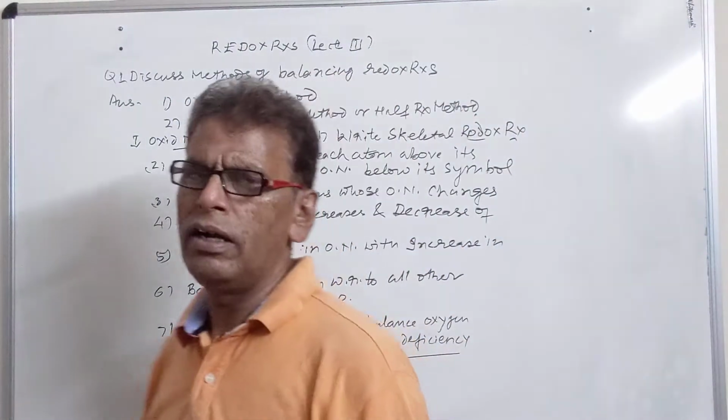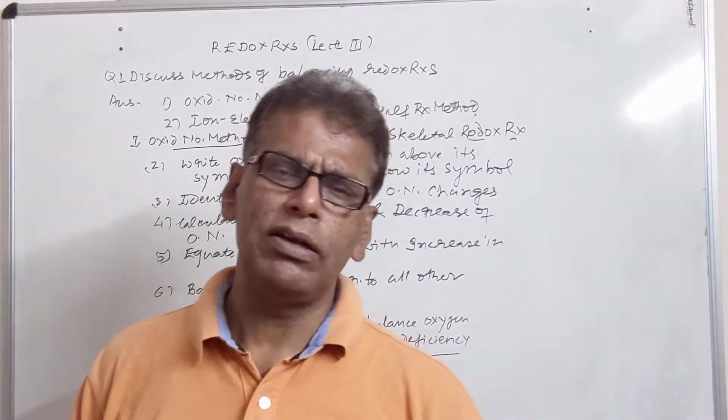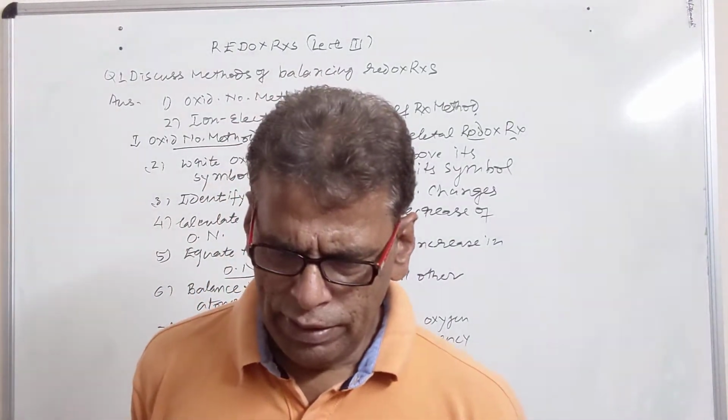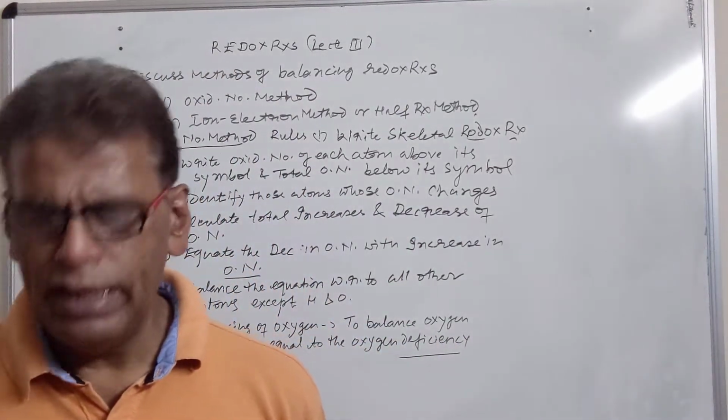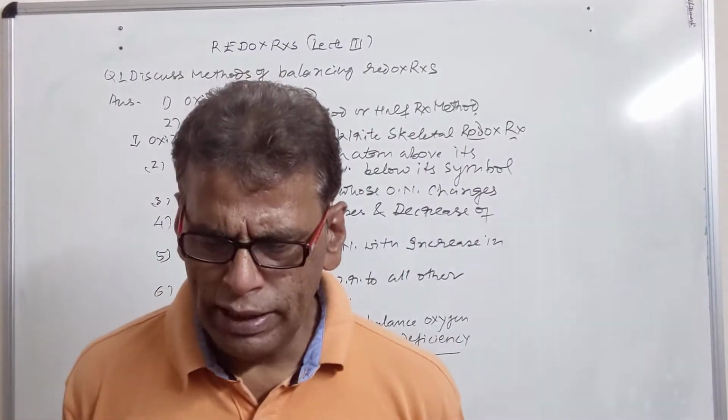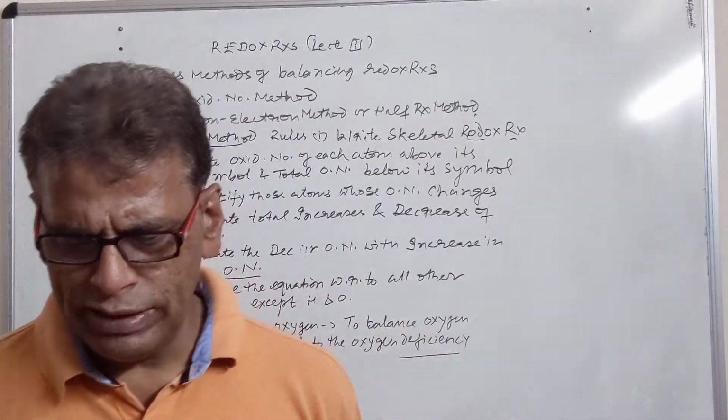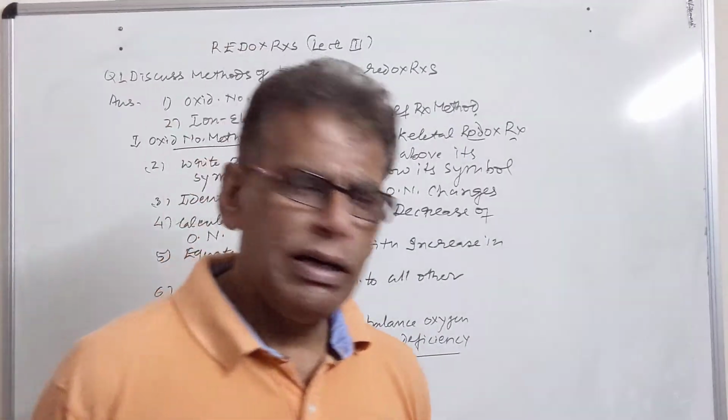If two oxygens are deficient on one side, add two water molecules on that side. Then balancing of hydrogen in the acidic medium is done by adding H positive ions to the hydrogen deficient side and water to the other side.